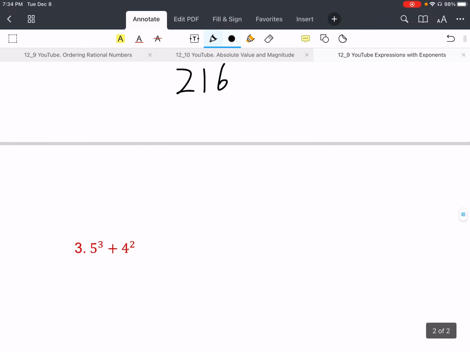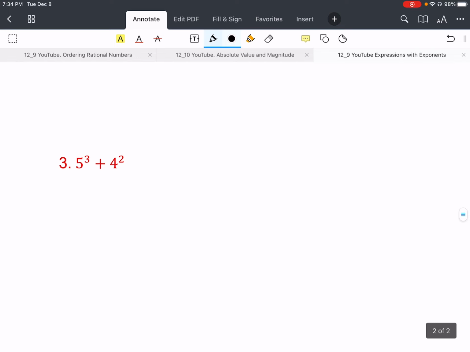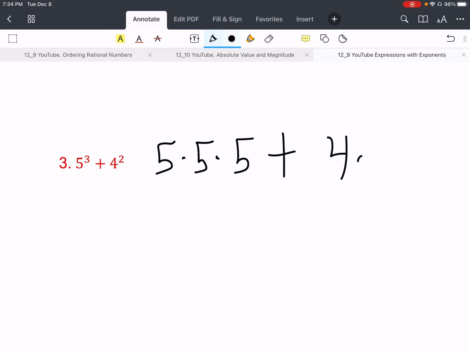Getting on to some tougher ones. Well, not too tough, but here we're going to break it apart the same way, and we're going to remember that our order of operations means that we are going to do all the multiplication first. So we cannot add these numbers together until we've done all of the multiplying.